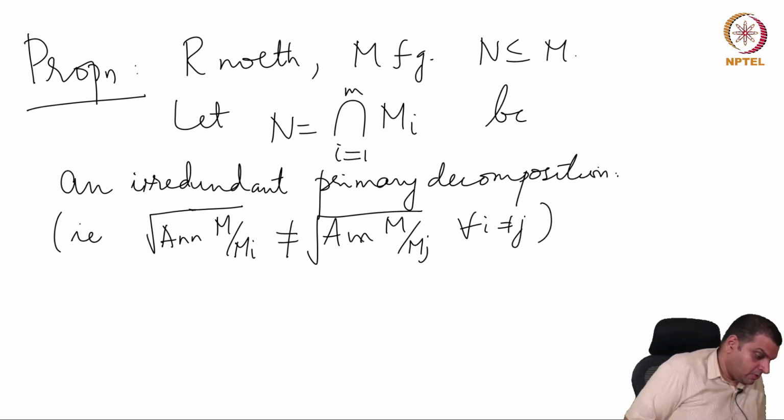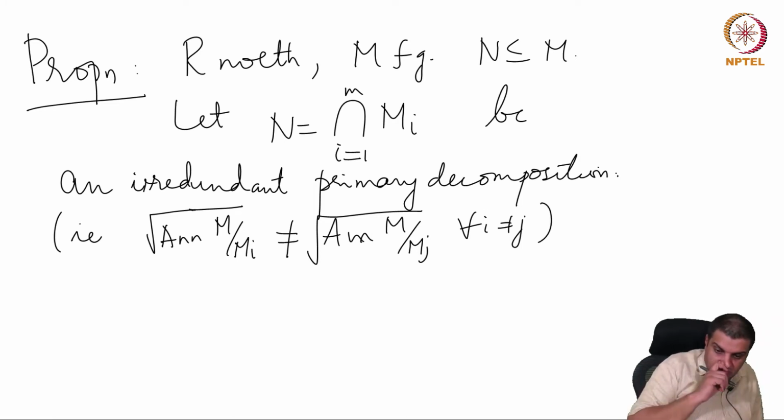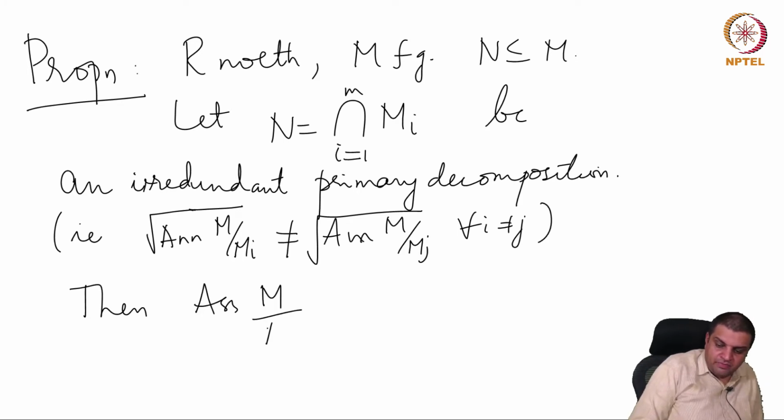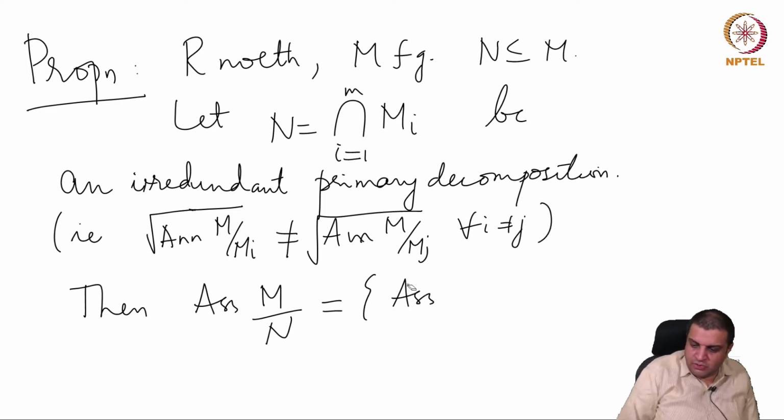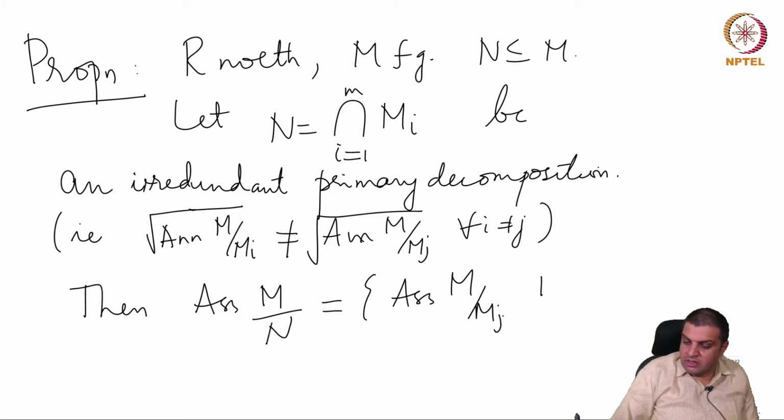Then the set of associated primes of M mod N is equal to the set of the radicals of the annihilators of M mod M_i, for 1 less than or equal to i less than or equal to m.